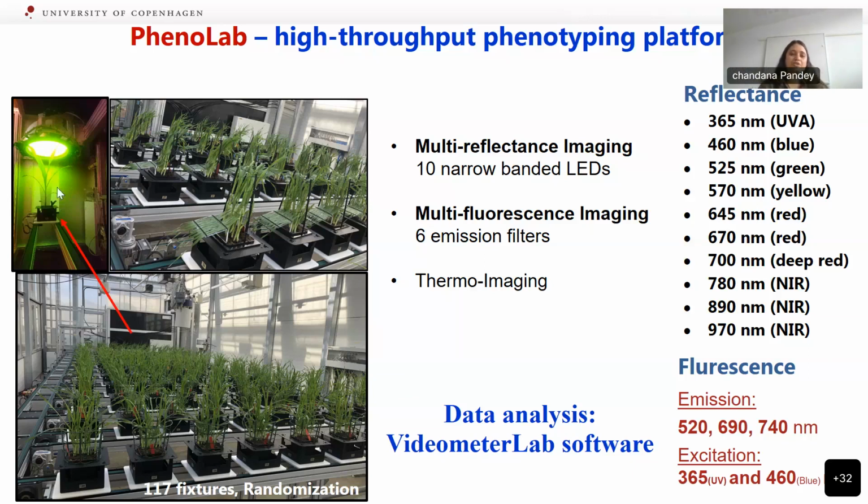So for the barley study which I'm presenting today, we have mounted the leaf on this plexiglass, so the camera will get a flat surface, and it can detect the very fine reflectance or fluorescent matter with very small sensitivity.